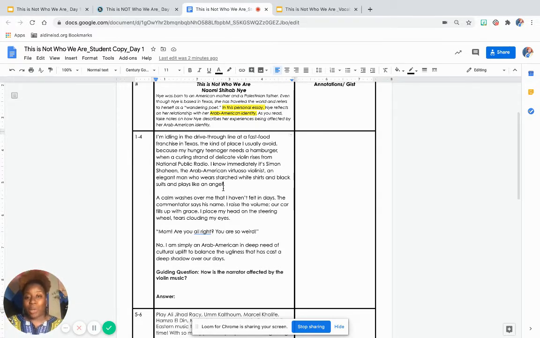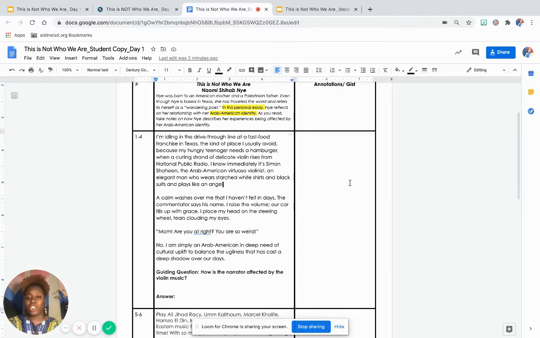I'm idling in the drive-through line in a fast food franchise in Texas, the kind of place I usually avoid because my hungry teenager needs a hamburger, when a curling strand of delicate violin rises from National Public Radio. I know immediately it's Simon Shaheen, the Arab American virtuoso violinist, an elegant man who wears starched white shirts and black suits and plays like an angel.